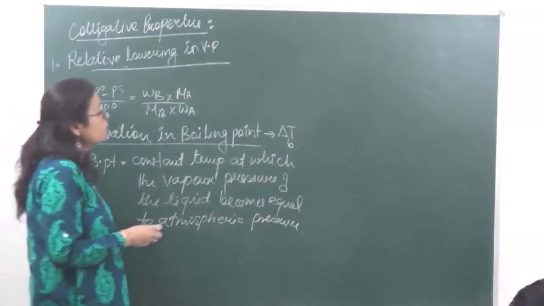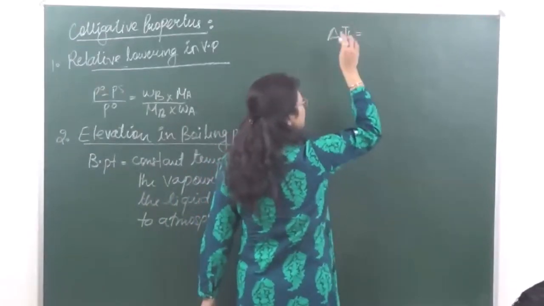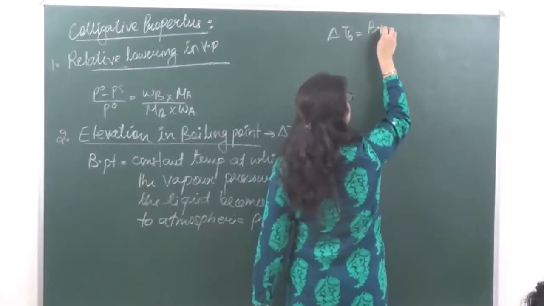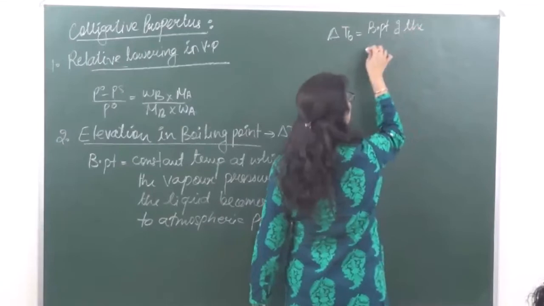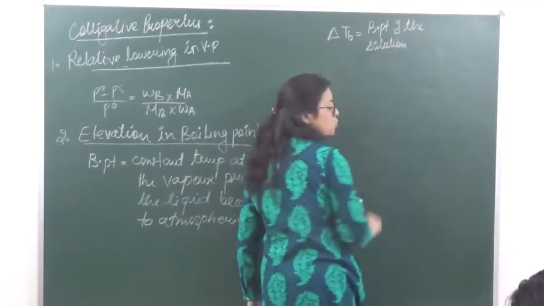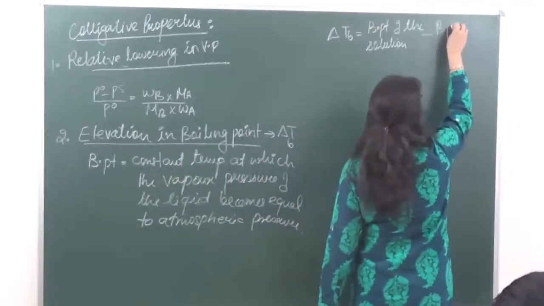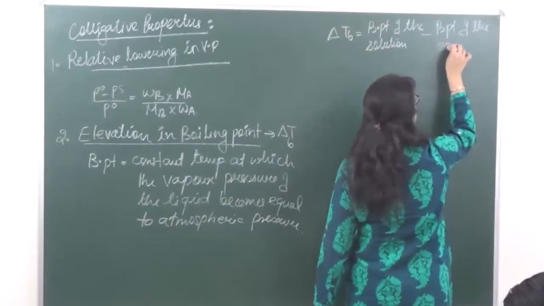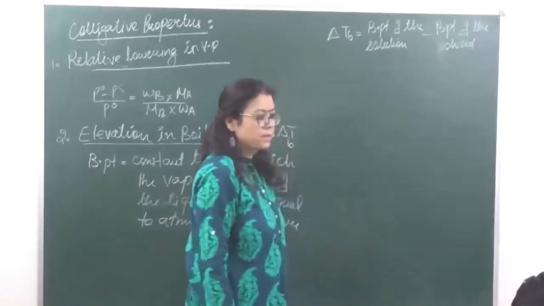Now when we are talking of delta Tb, we say that delta Tb is equal to what? It is equal to the difference between the boiling point of the solution minus the boiling point of the solvent.